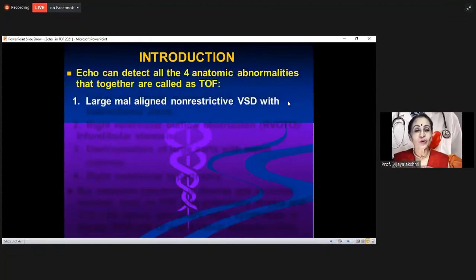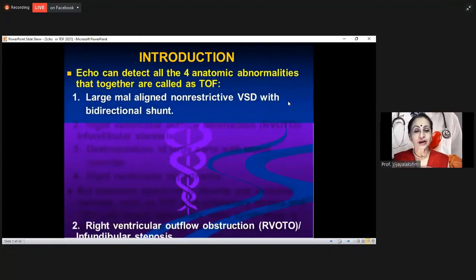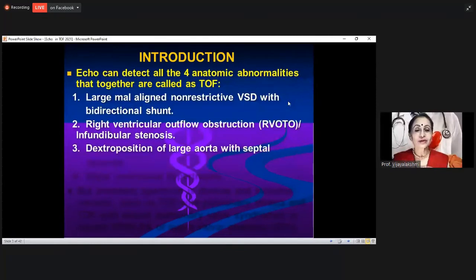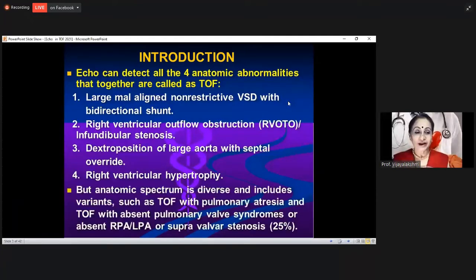And today, echo can detect all the 4 anatomical abnormalities that together are called tetralogy of Fallot. That is, a large malaligned non-restrictive VSD with a bidirectional shunt, right ventricular outflow tract obstruction or infundibular stenosis, dextroposition of a large aorta with a septal override, and right ventricular hypertrophy.